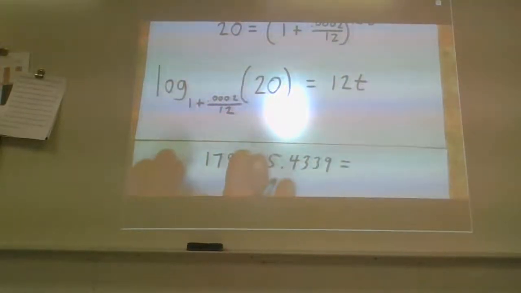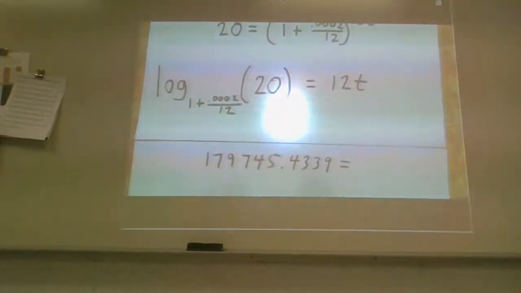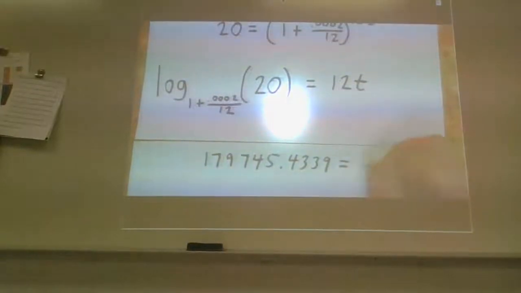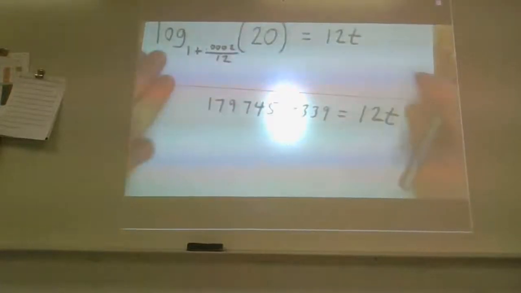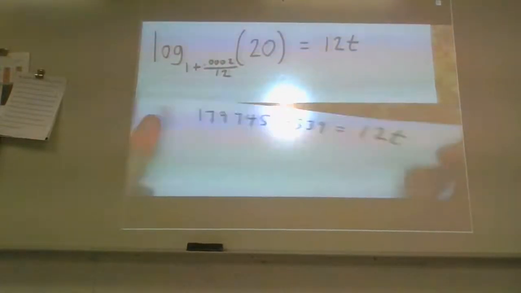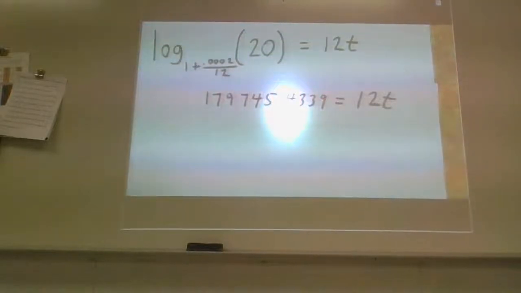The left side of the problem calculated to become that number. Yes. Ultimately, it's just dividing by 12 to get the final answer, because again, that's what the exponent is. I was able to use the calculator to get the left side of the problem calculated, to get the value of that logarithm. And then ultimately, I just have to divide by 12 to get that answer.